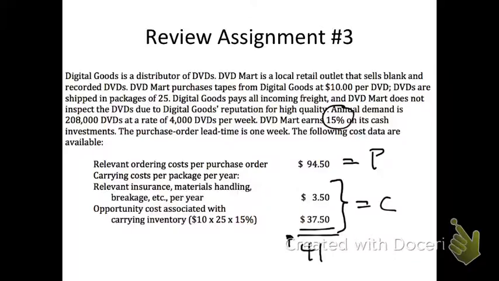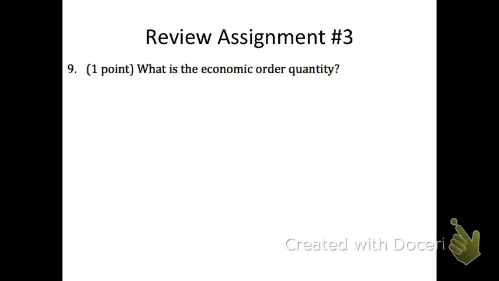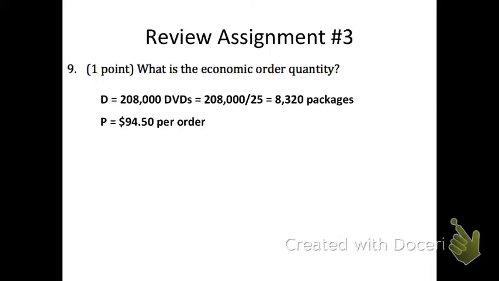All right, so the first question related to this information is, what is the economic order quantity? And so again, what we know is demand in packages annually is 8,320. The order cost is $94.50, and C is the 41.